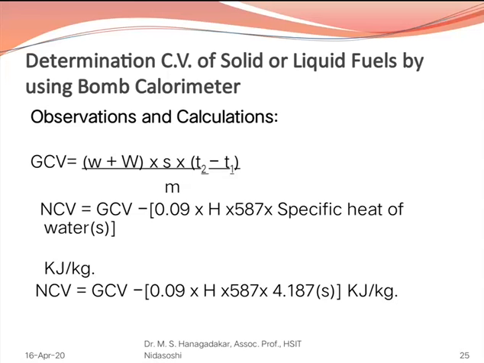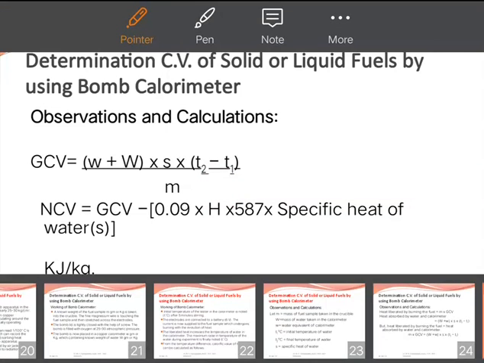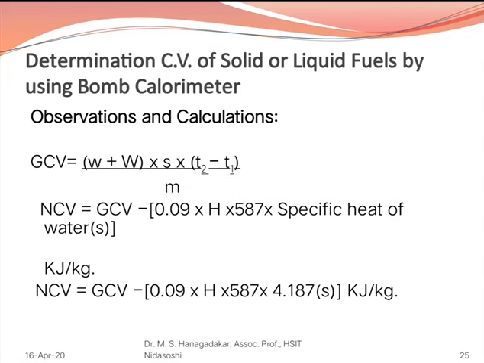This is expressed in terms of kilojoules per kg. Similarly, how can you calculate net calorific value? Net calorific value is calculated by this equation: NCV is equal to GCV minus (0.09 into H into 587 multiplied by specific heat of water, that is small s), expressed in terms of kilojoules per kg.